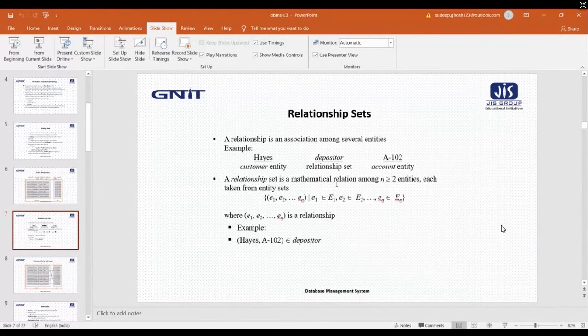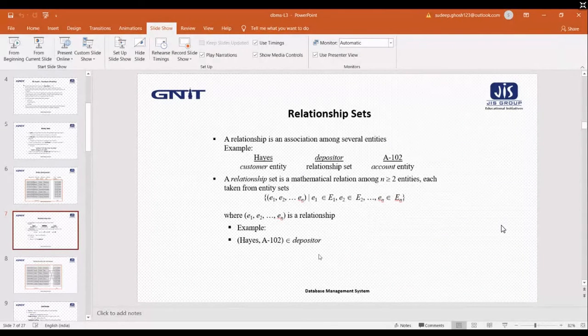And this mathematical notation you may leave it now, because now it will be difficult for you to understand this mathematical representation. Later we will focus on it. So you can say that Hayes and A102, these two belong to the depositor table.